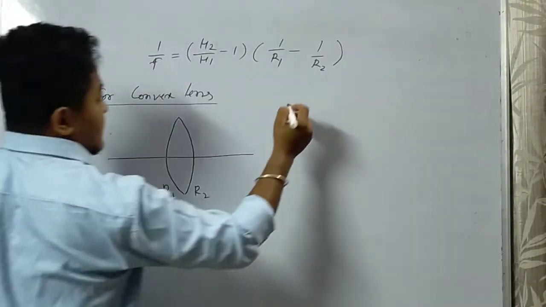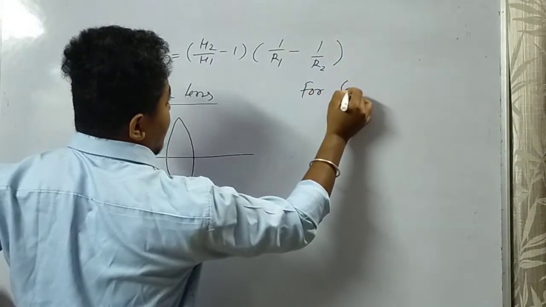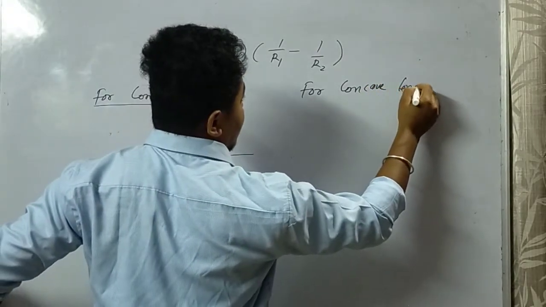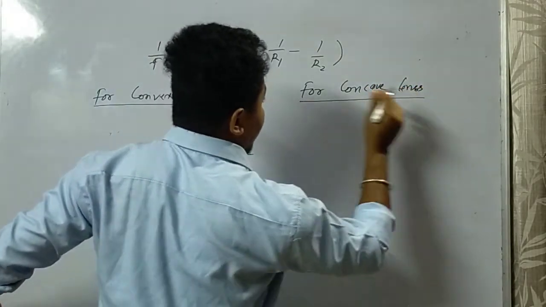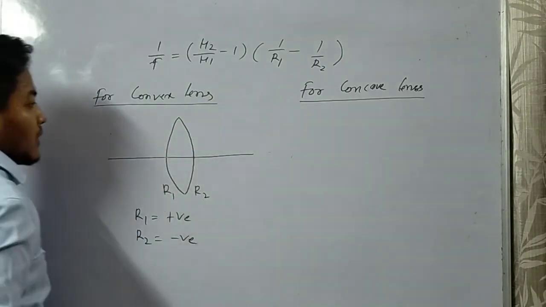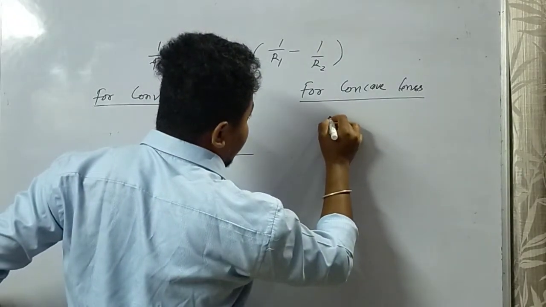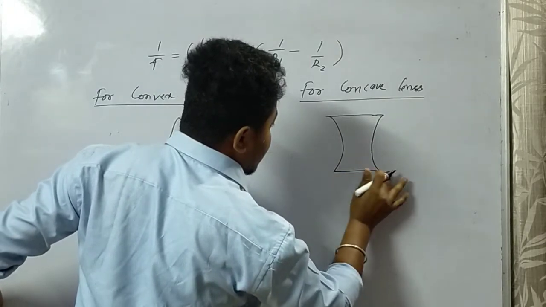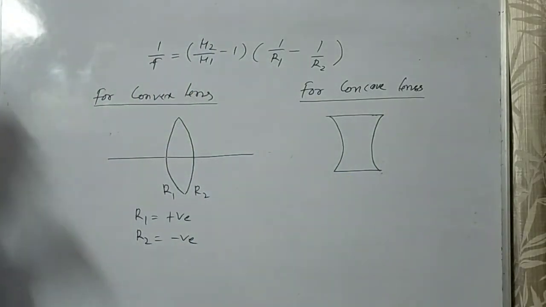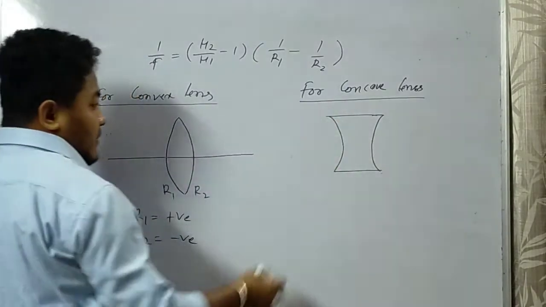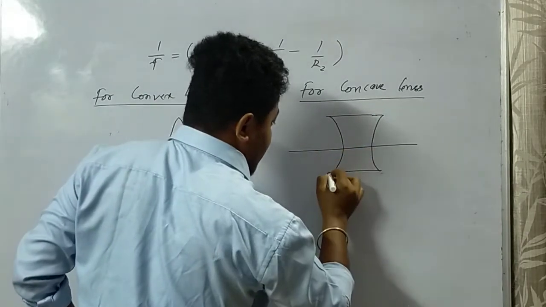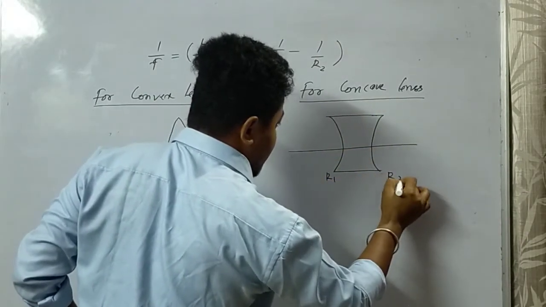Now what about a concave lens? For a concave lens, suppose this is the lens, and here also there are two spherical surfaces. For the first spherical surface there will be a radius of curvature, suppose R1, and for the second, R2.